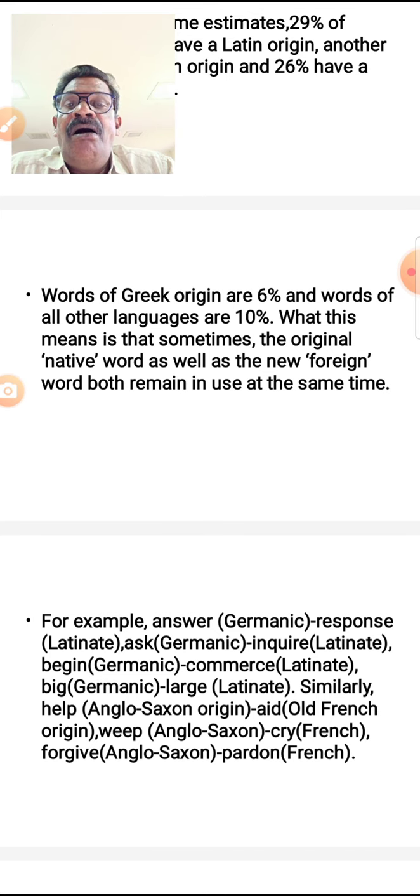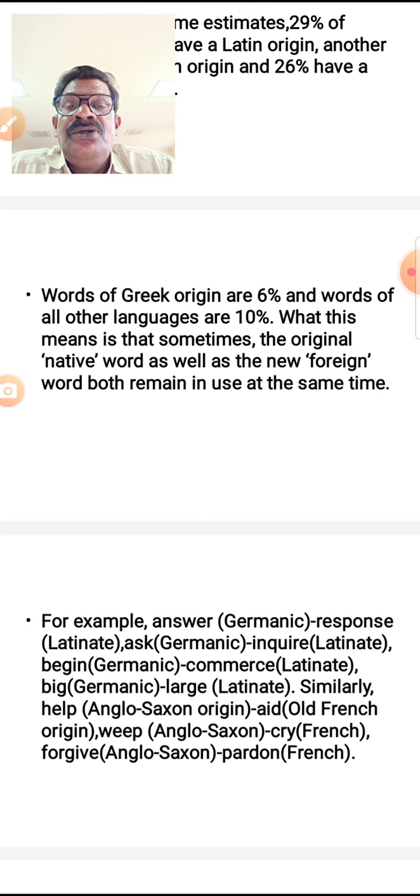And all other languages are 10%. So 10% from other languages also English words have been borrowed. What this means is that sometimes the original native word as well as the new foreign word both remain in use at the same time.